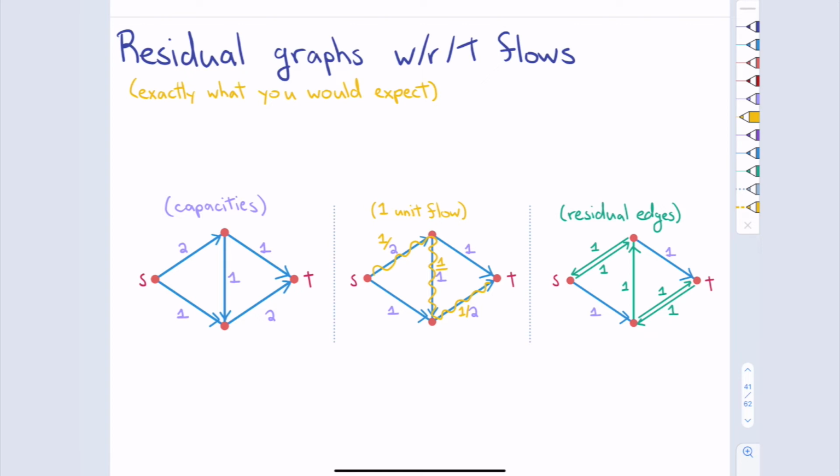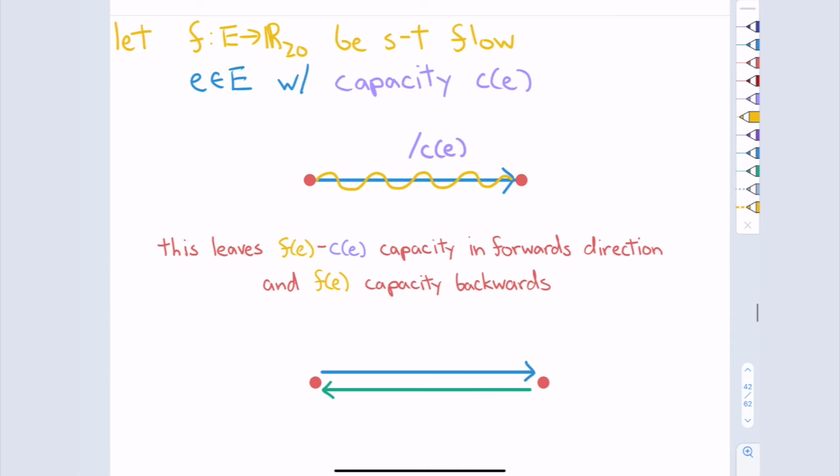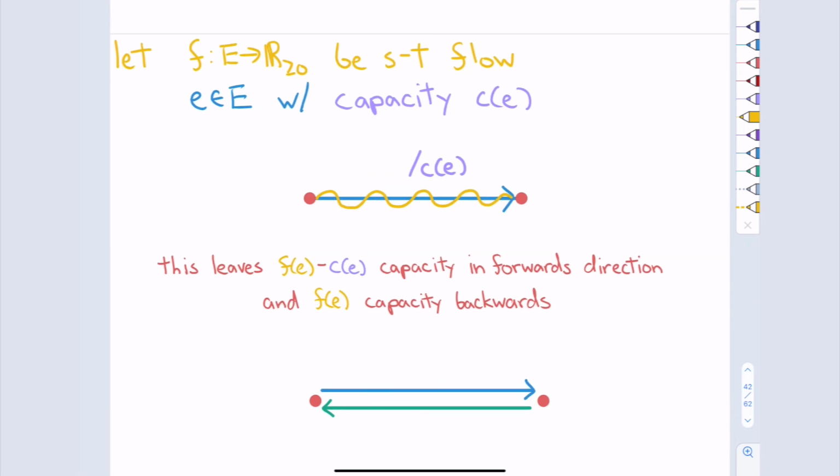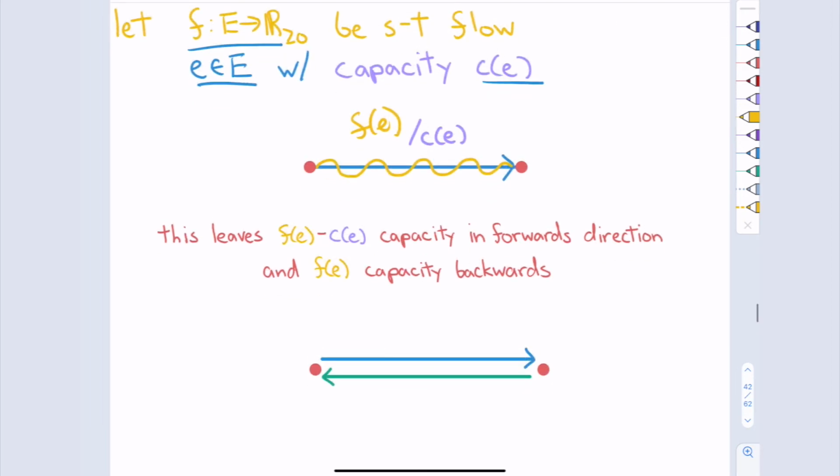Okay. Alright, so let me define this a little more slowly. If I have a flow, and I'm looking at a particular edge with capacity C_E, and let's say that out of C_E units of flow, I'm currently sending F of E. Then in the residual graph, I have 10 units of capacity, I'm sending 5 units of flow.